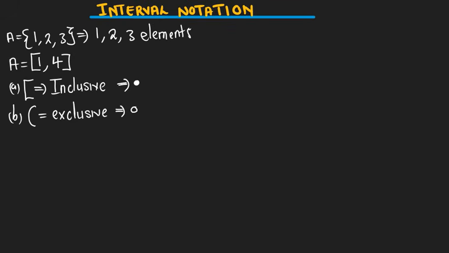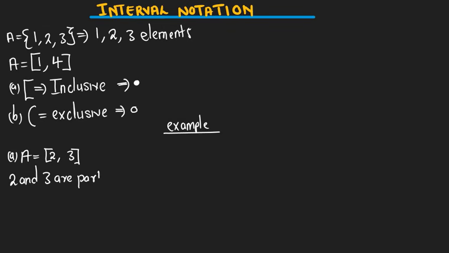Now, let me explain something very important. A very good example is this. If you are going to have set A, and set A contains 2, 3, this simply means that 2 and 3 are part of set A. How do you present this on the real line?